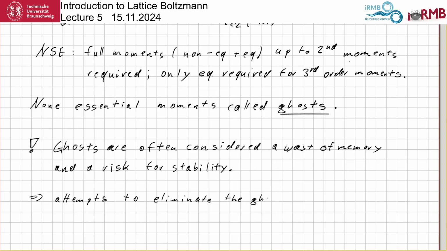Maybe by writing them in terms of the others? No, this is not getting rid of them. Why do we have ghosts? Because it's up to the third. No, why don't we choose a lattice that just has moments up to third order?